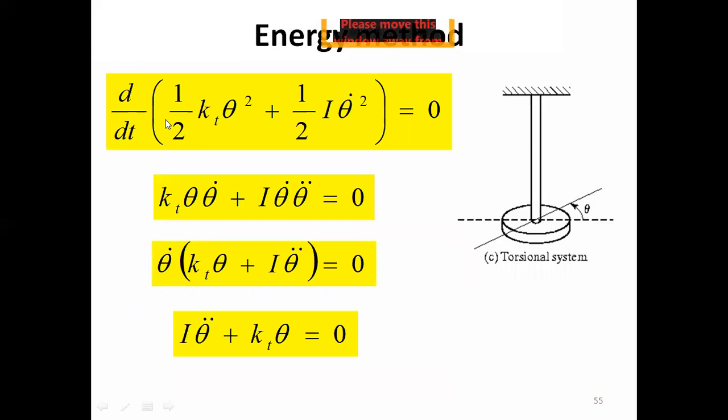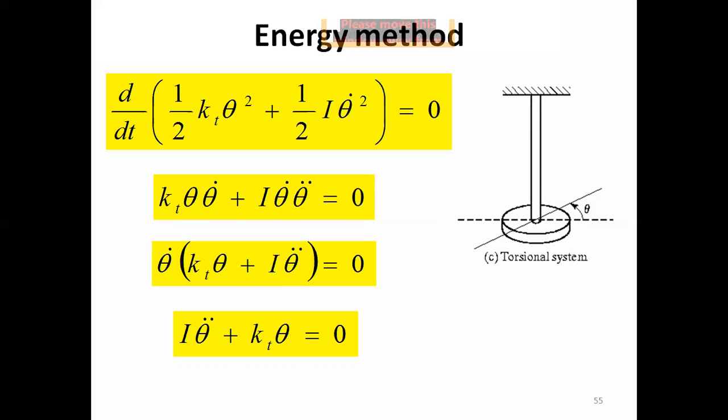Again, differentiating with respect to time, we would get kT theta times theta dot plus I theta double dot times theta dot is equal to 0. Theta dot is common. Theta dot is the velocity at which this is vibrating or moving.